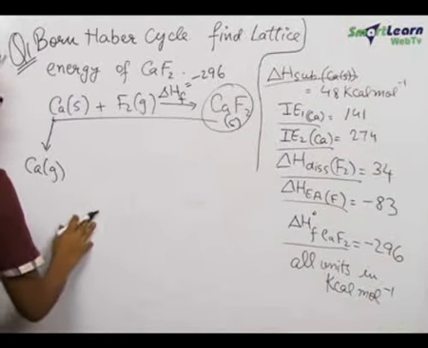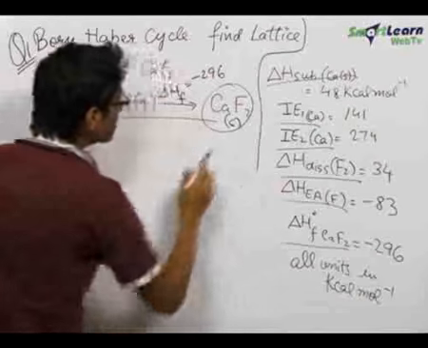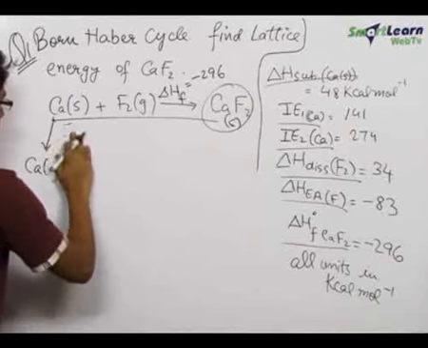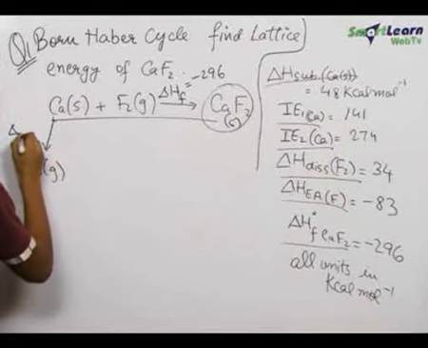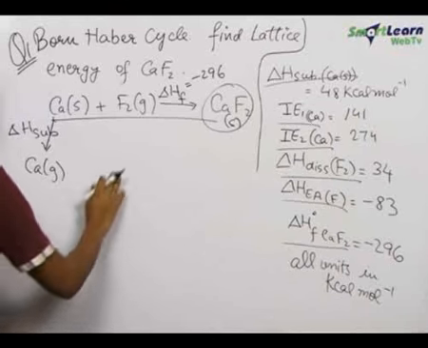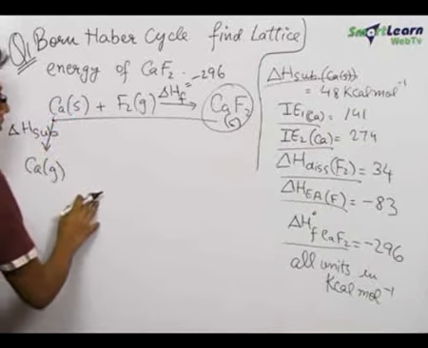In order to do this, we need to supply energy, and the heat required is the delta H sublimation of calcium solid, because sublimation energy is defined as the energy required to convert a substance from solid to gaseous state. This is the delta H sublimation of 1 mole of calcium solid.